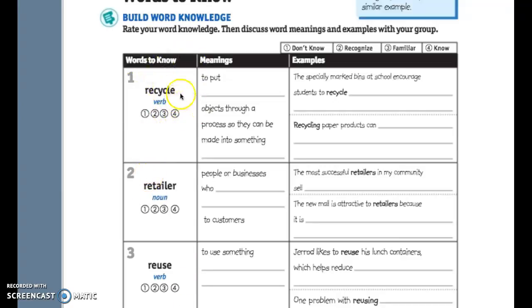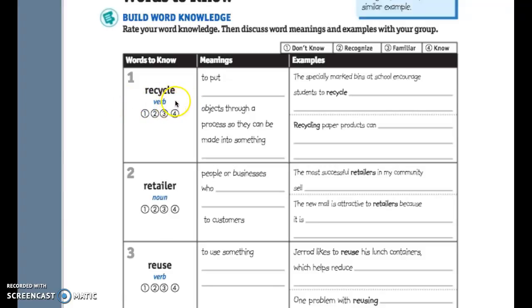The first word we're going to go over is recycle. I want you to go ahead and bubble in 1, 2, 3, or 4 based on how familiar you are with the word recycle. Now, recycle here is a verb, which means it's an action. I want you to write the word action next to the word verb here.